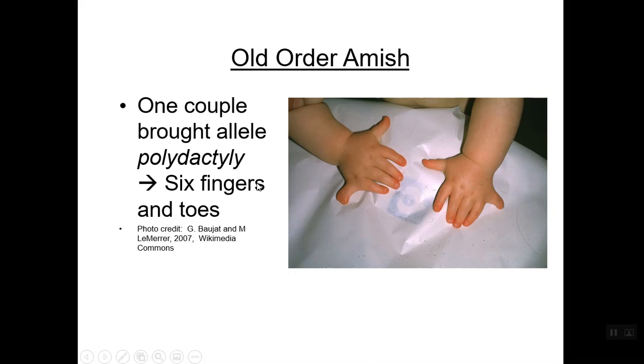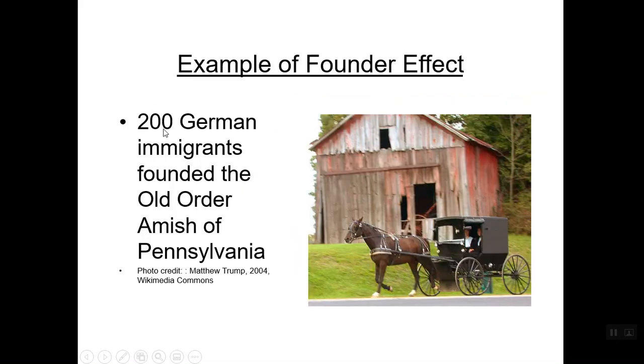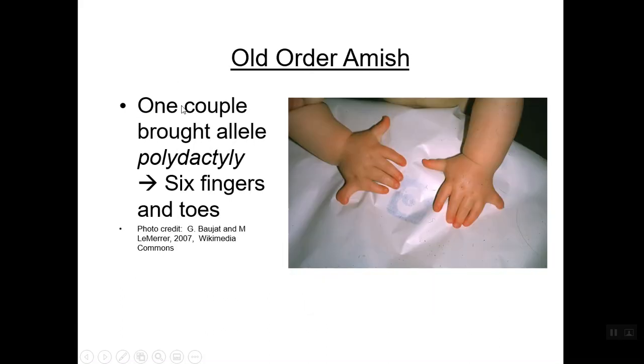So what happened is that by some random occurrence amongst these 200 German immigrants, it just so happened that several of them carried this mutation, and because this population was founded by a small number of individuals marrying each other over and over, now there is a high incidence of this mutation or allele in old order Amish, which is not representative of the incidence in the German population in general, or even in the Amish populations in Germany.